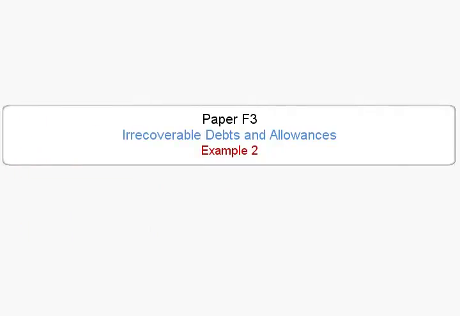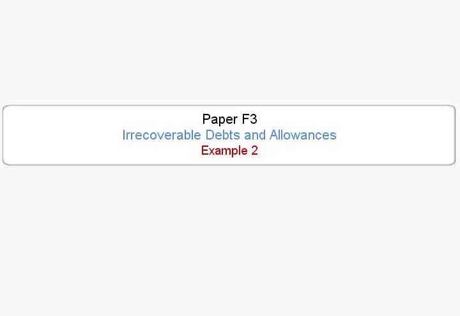We're now going to look at the debits and credits to end up with what we require in the statement of financial position and income statement. We're going to have to look at two examples, the first and second year of the same business, to show you everything that could possibly happen.